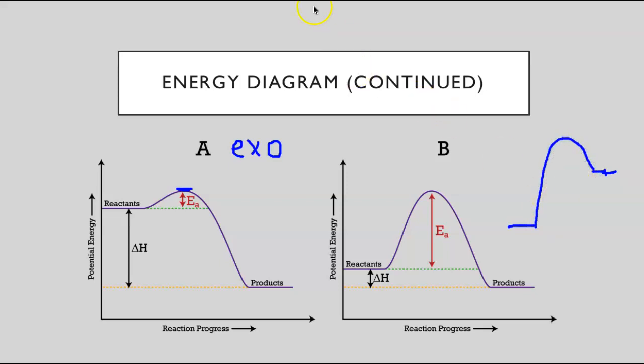So in that case, again, activation energy still exists, and it would be the distance between the reactants and the transition state. Here's the reactants, and here are the products. So this is an example of an endothermic reaction, where the products have more energy than the reactants, meaning that the reaction must have taken in energy as heat.